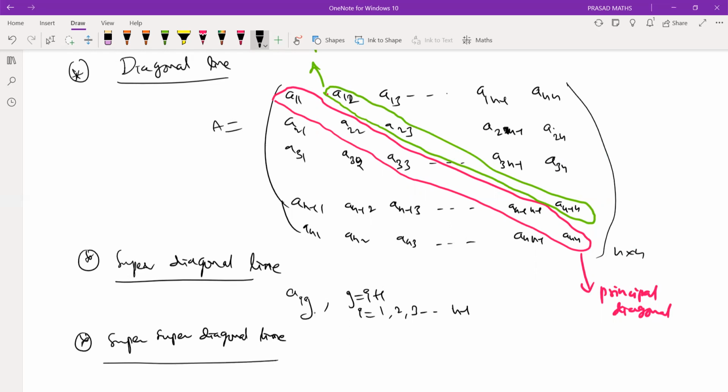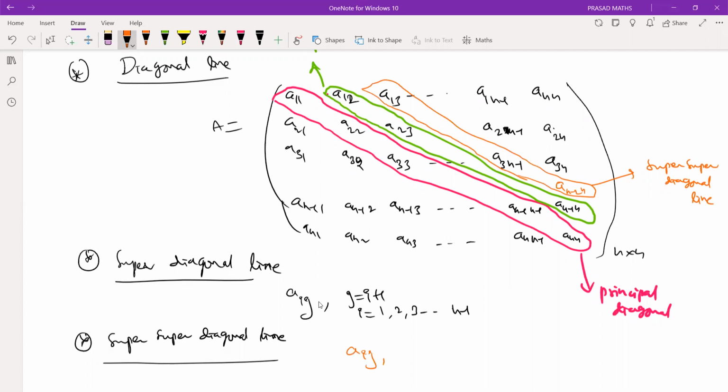Next, the second super diagonal. Tell me, what is the form of this Aij, where the second index is bigger than your row index by 2?